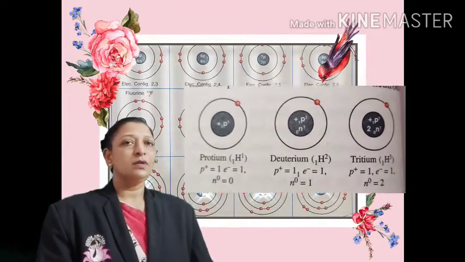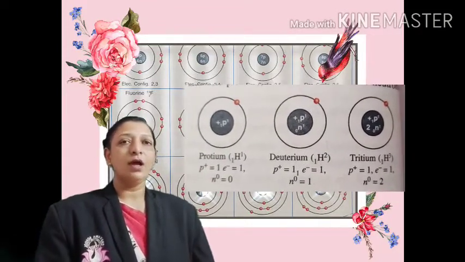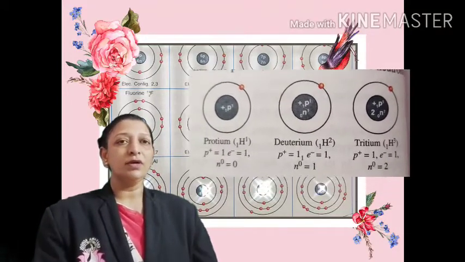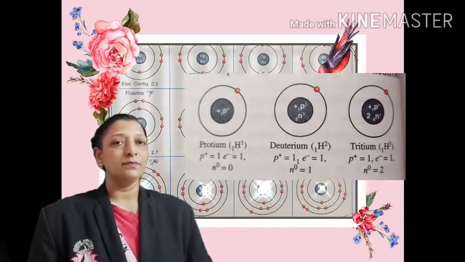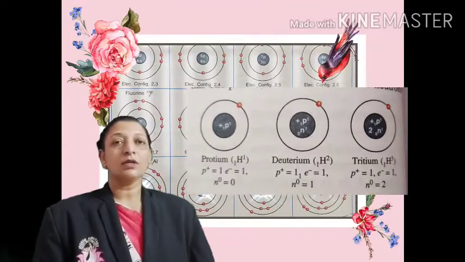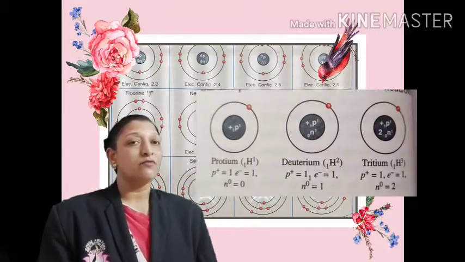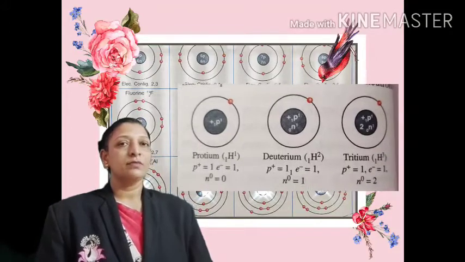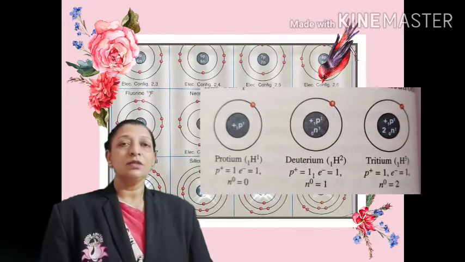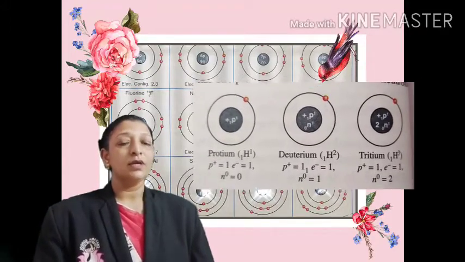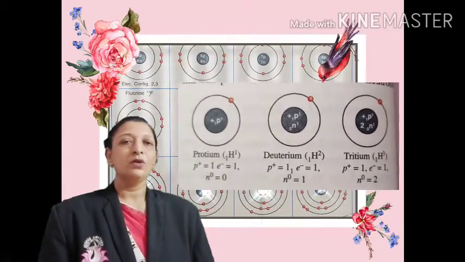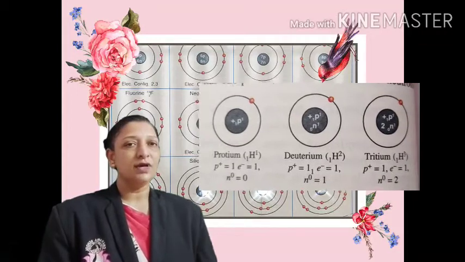Since deuterium consists of one proton and one neutron in its nucleus, it is heavier than the ordinary hydrogen atom. The third is tritium. Tritium has two neutrons and one proton in its nucleus, and one electron is revolving around. Hence, the mass number of tritium is 3 and atomic number is 1.